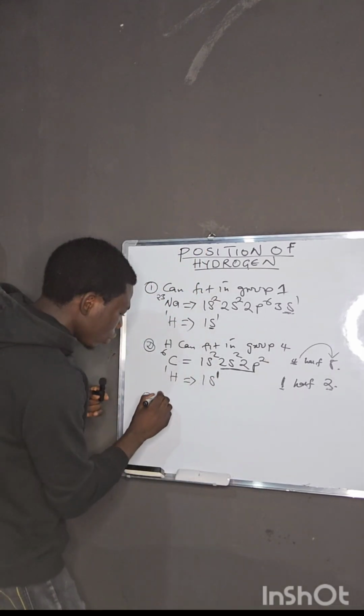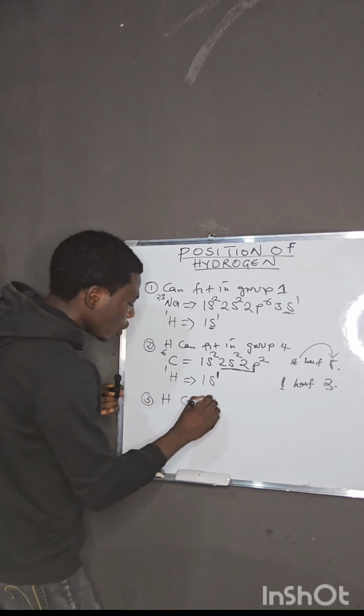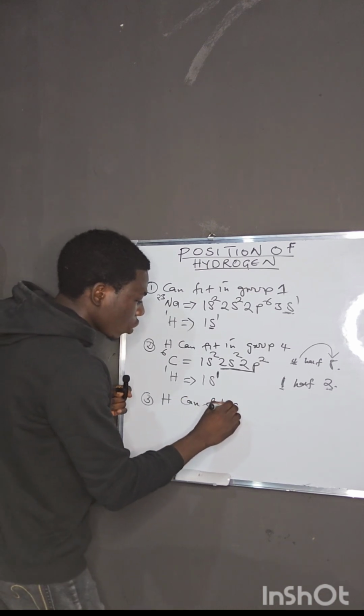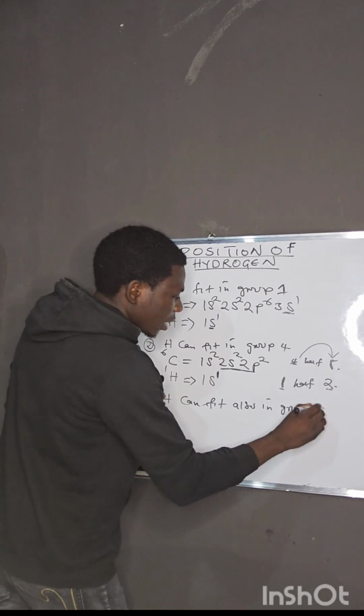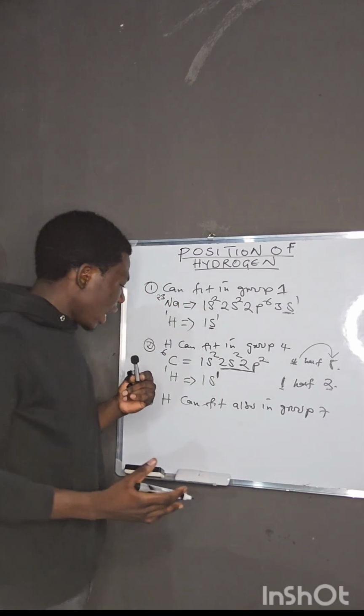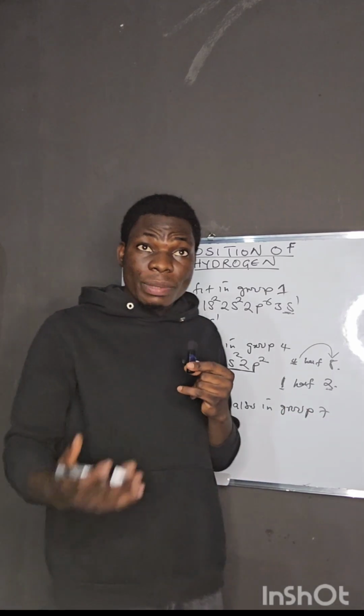So we are saying that hydrogen can fit also in group 7. In group 7, what's the reason? Why can hydrogen fit in group 7?